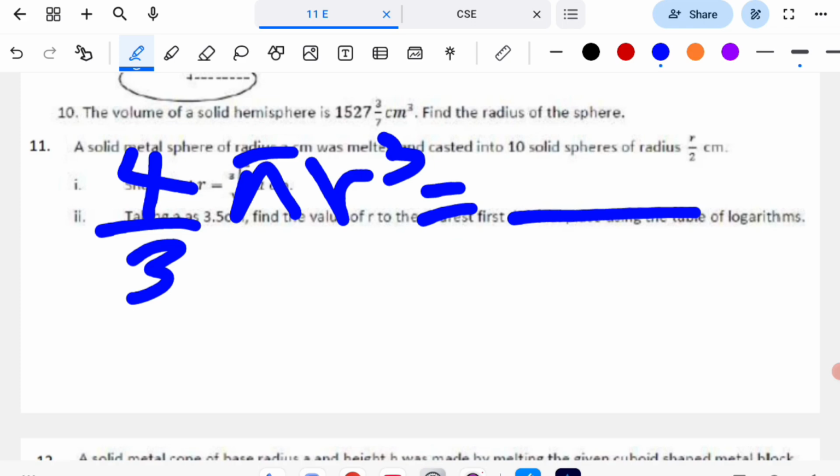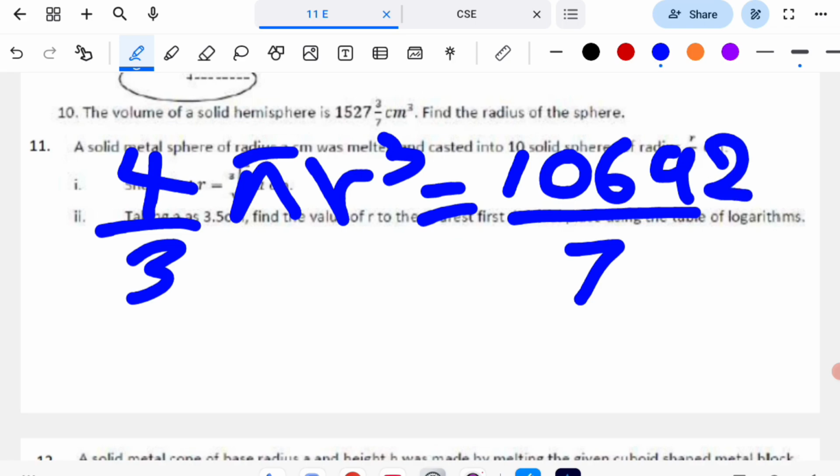I will write it as an improper fraction. The denominator is 7. 7 into 1527, 10,689, and we add 3 in the numerator, 10,692.